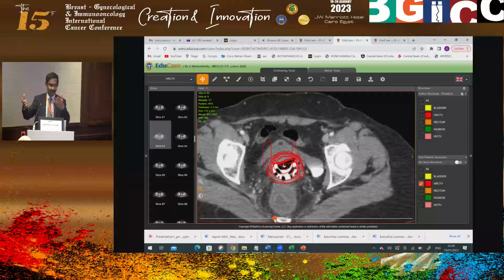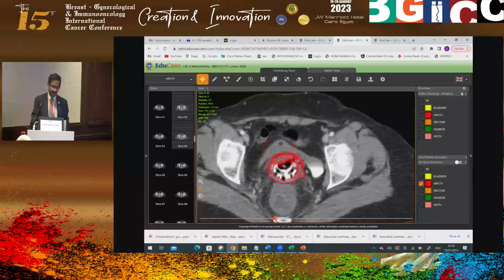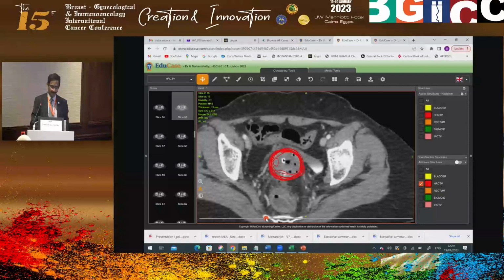But in reality, it was only 30 cc. Right? So the comparison will not be similar. So to have a uniform concept, plus applicator will never have a CTV, clinical target volume. Right? So never include part of the applicator in your target volume. Okay?